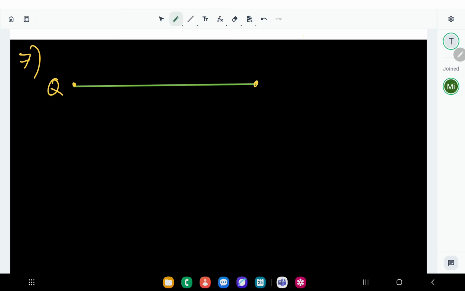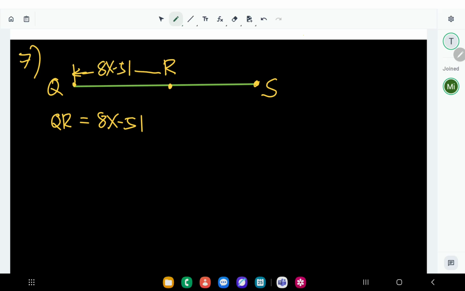This is Q, this is S, and R is the midpoint. QR is equal to 8x minus 51. So this one, the distance between Q and R, or the length, is 8x minus 51. And then RS is equal to 3x minus 6.